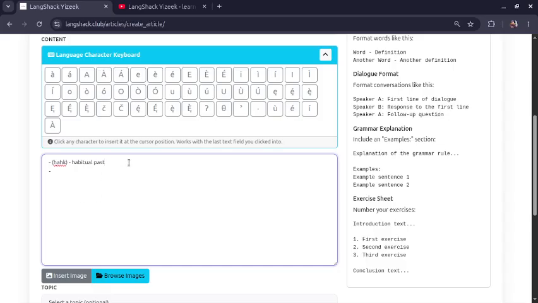So this is like a further habitual past. It's the same thing for the perfective, so this follows the rules of the habitual. The construction is habitual ending plus hook.